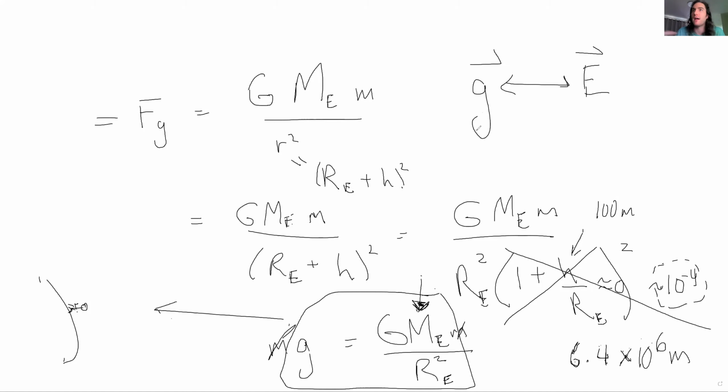E and g are vector fields, right? The electric field is the electric force over the charge. The gravitational field is the gravitational force over the gravitational charge, which is the mass. These two things are basically identical objects from a mathematical standpoint.